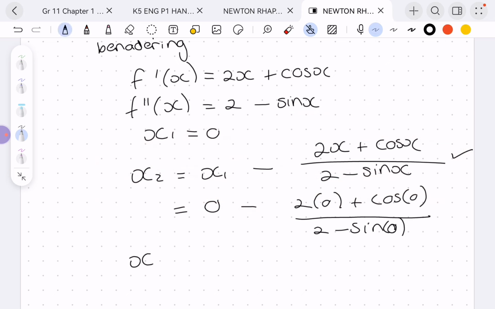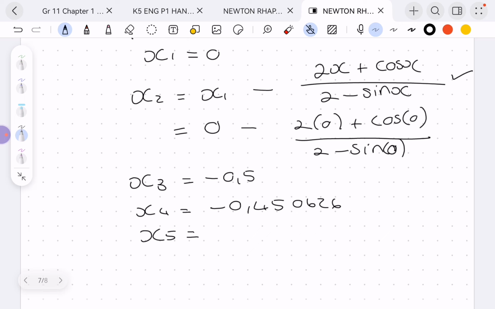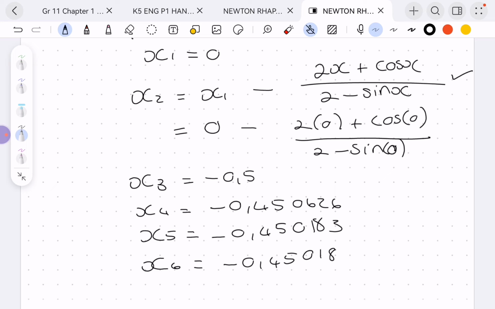Now I can get x3. If I'm correct, I'm getting negative 0.5. If I do it again, I get negative 0.45062. Doing it again, I'm getting negative 0.45018. Doing it again, I get negative 0.45018.